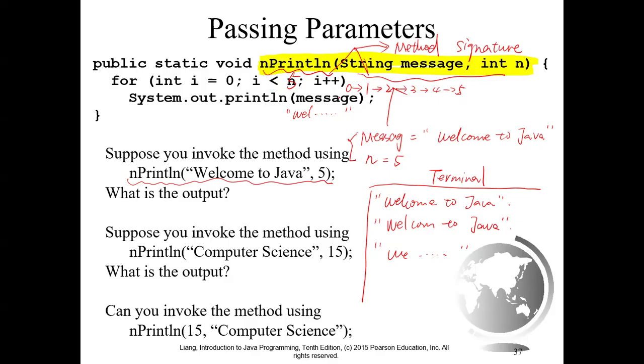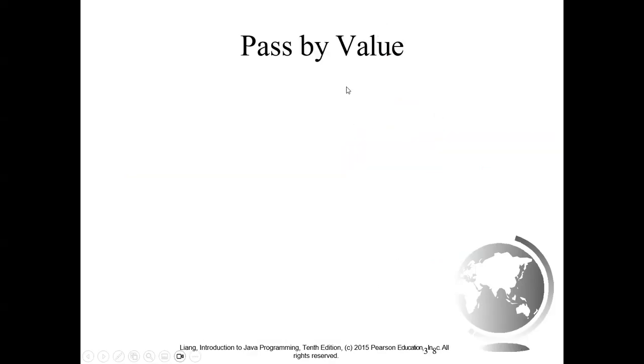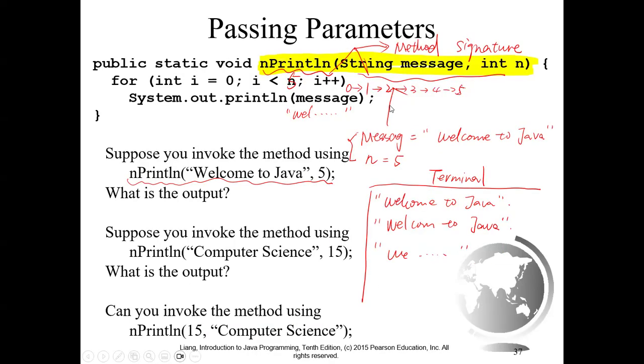So i goes 0, 1, 2, 3, 4, which means there are 5 iterations, right? That means in our terminal, there will be 5 messages, welcome to Java. And this is the passing of parameters for this case.